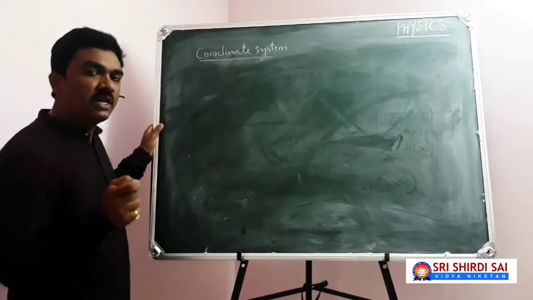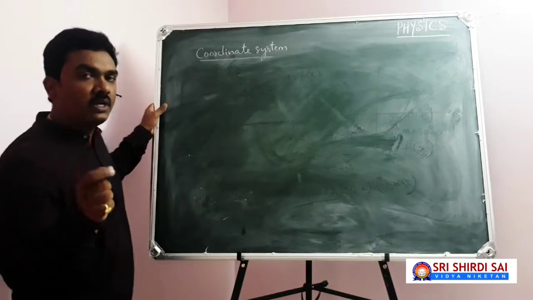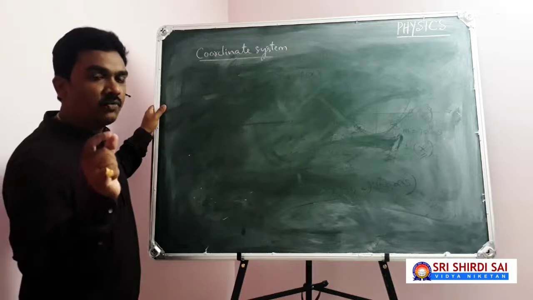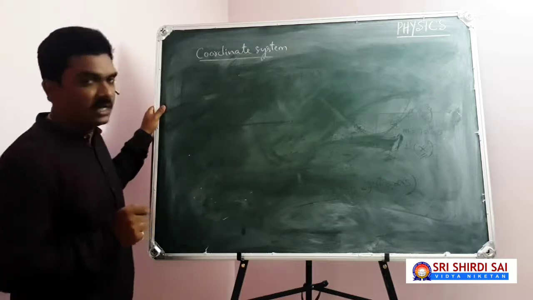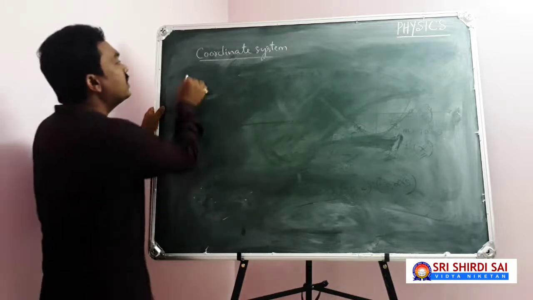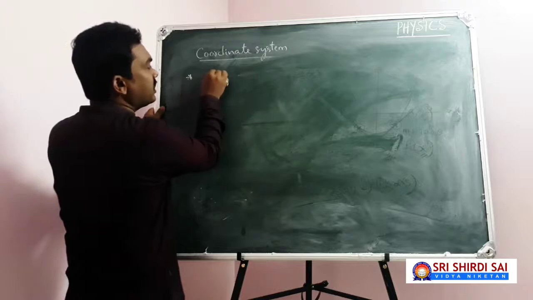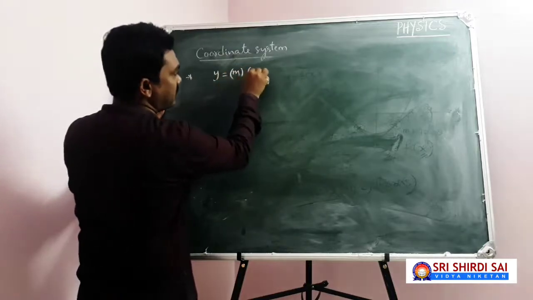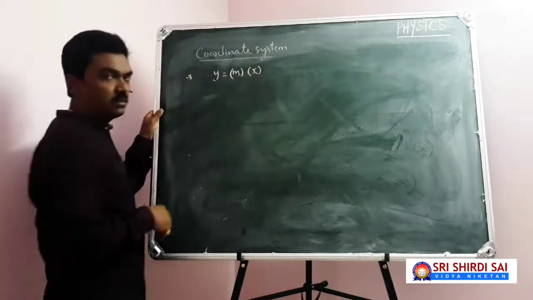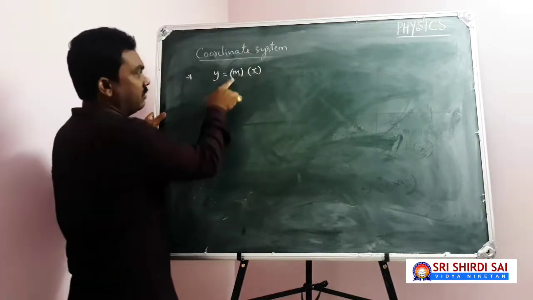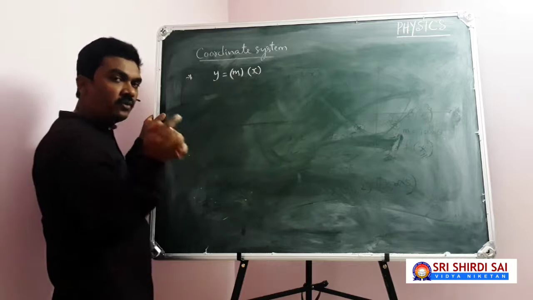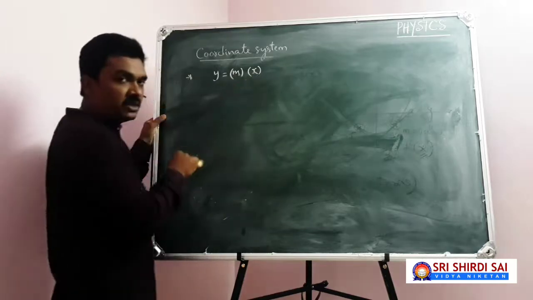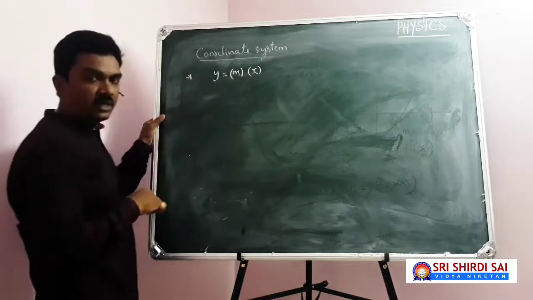When you are expecting your graph is a straight line, usually there are certain mathematical equations of certain standard forms what you need to understand. For example, if your mathematical equation is of the form y equal to m into x, yes, what you are expecting is right. m is slope of the graph. x is independent variable. y is dependent variable.